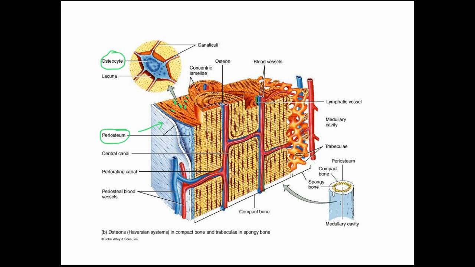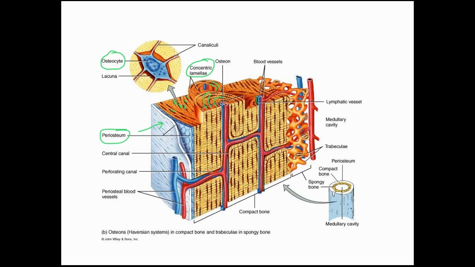Now here you can see the concentric circles, like there's one, there's another one, there's another one. Remember, those are all lamellae, those concentric circles. So you can see them on this one. Here's one right there, there's one right there. Those are the lamellae.